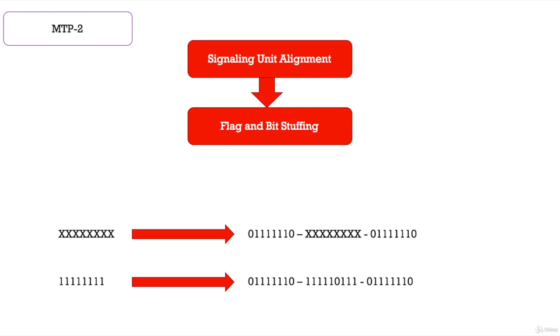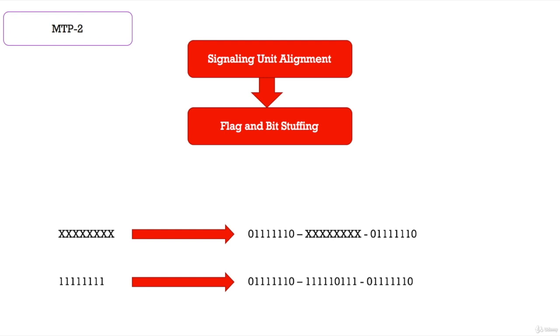What it actually sends at the MTP1 layer is just 101010, just the digital information. So somehow it has to be packetized. There has to be a defined beginning and a defined end for the signaling unit. This process of delimiting the signaling unit is called signaling unit alignment.